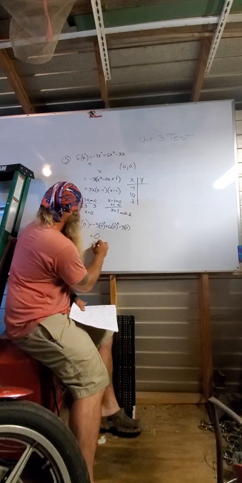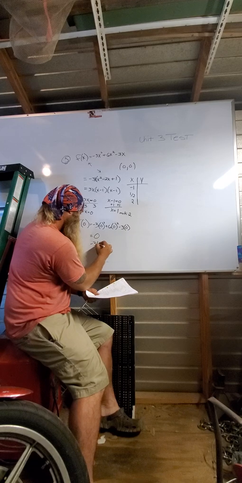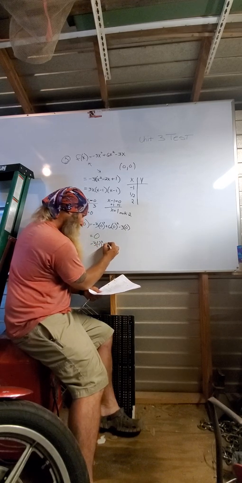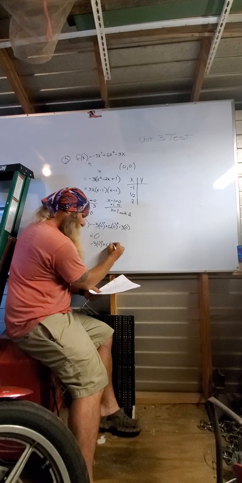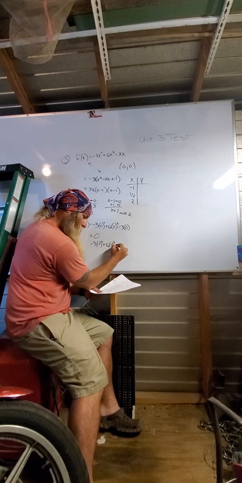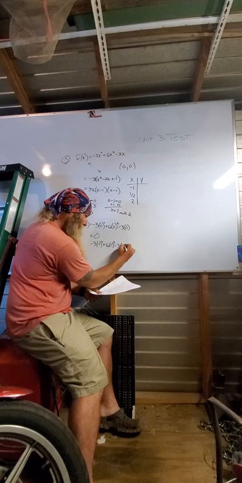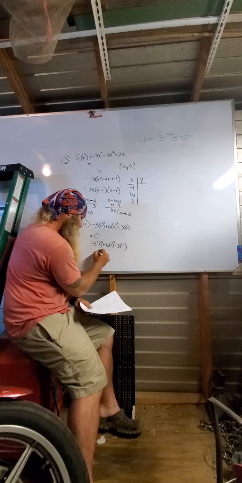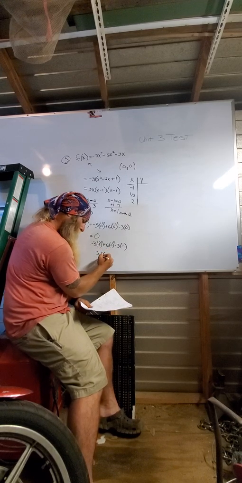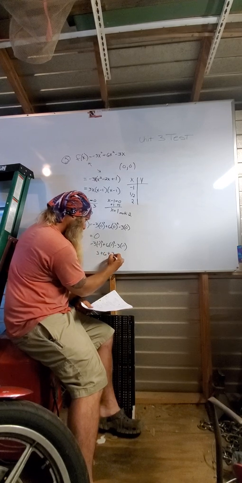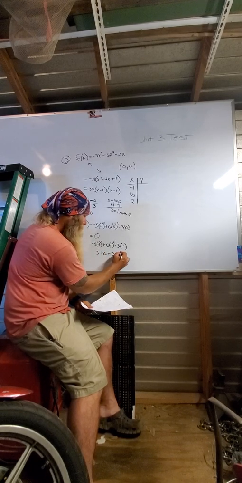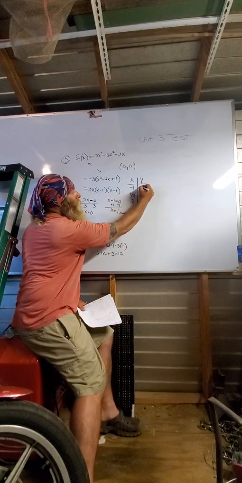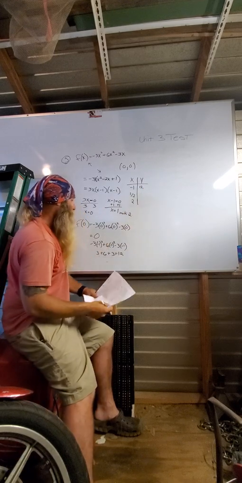So we'll do negative 3 times negative 1 to the third, plus 6 times negative 1 to the second, minus 3 times negative 1, which brings us down to 3 plus 6 plus 3 equals 12. So we know y equals 12.